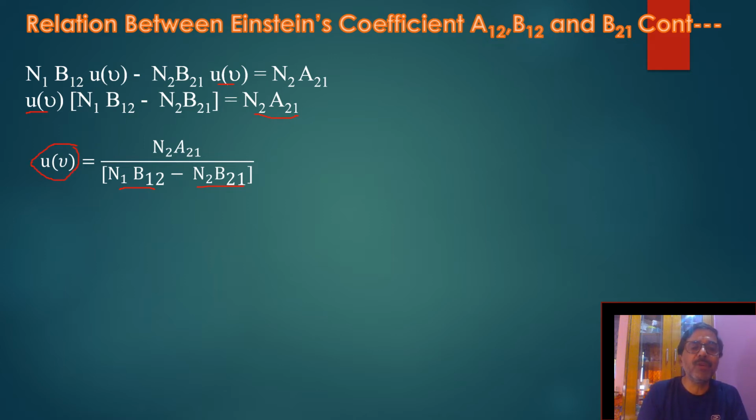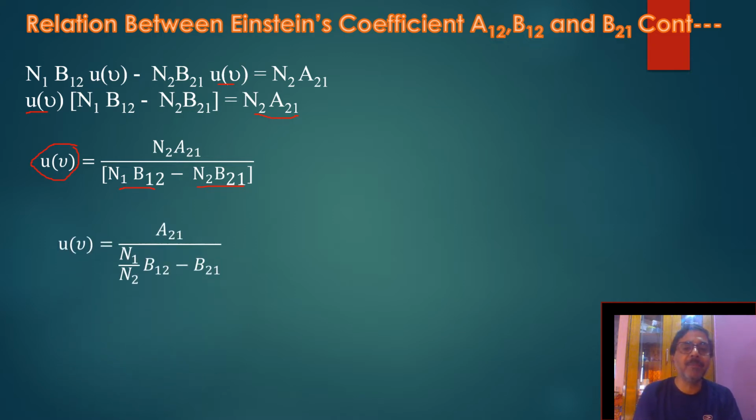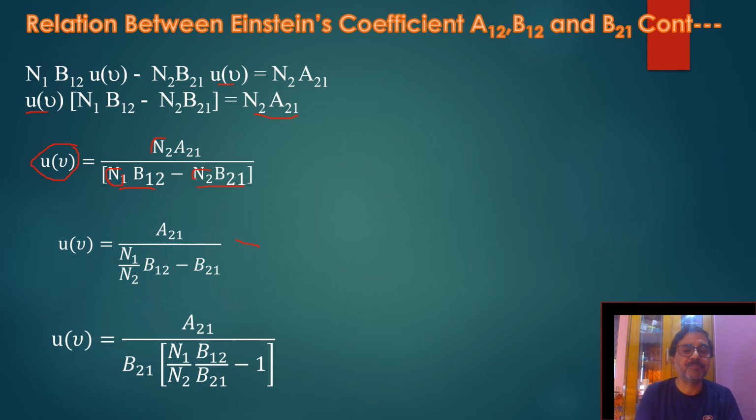Now we can divide both the numerator and the denominator by N2. In the denominator the first term becomes N1 upon N2, and the second term's N2 gets cancelled, right? We have divided all the terms by N2, and therefore we get this equation. Now I have taken B21 common. Why?